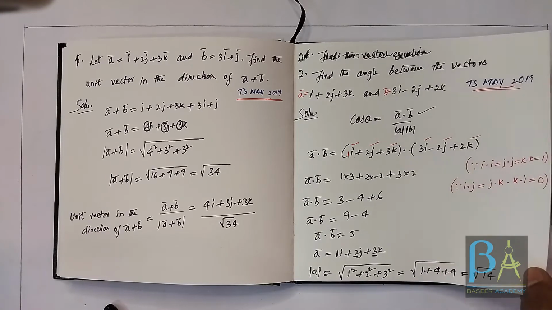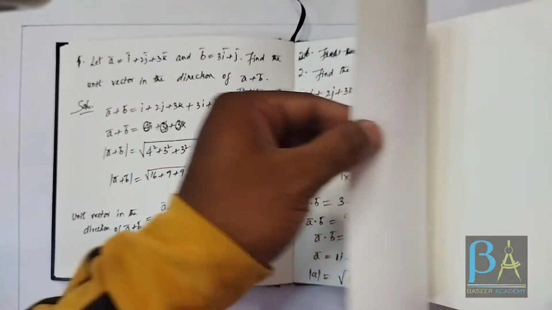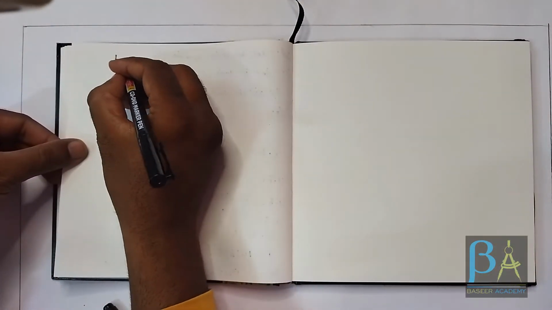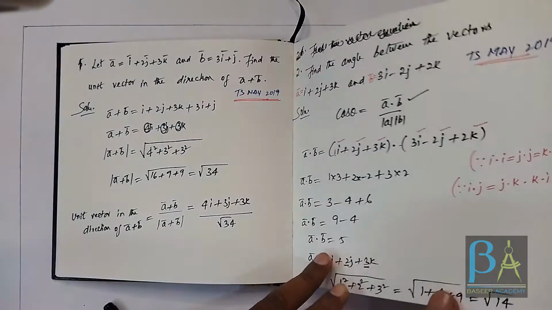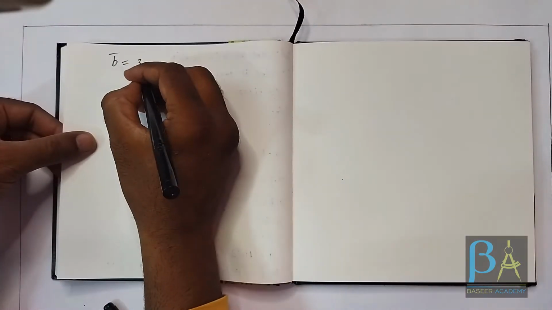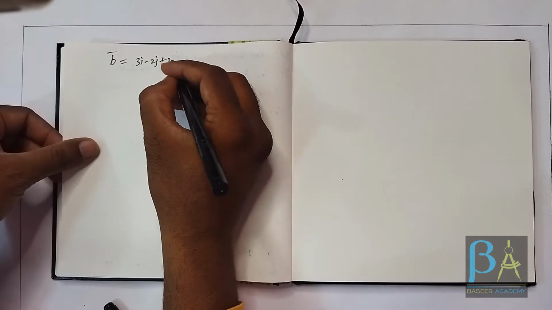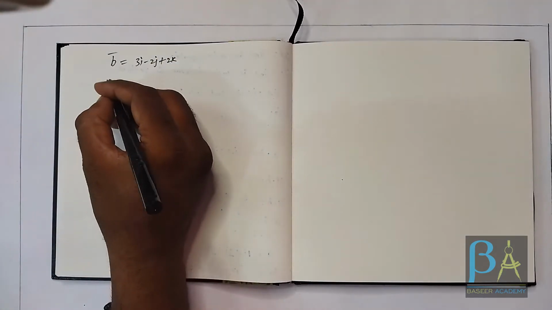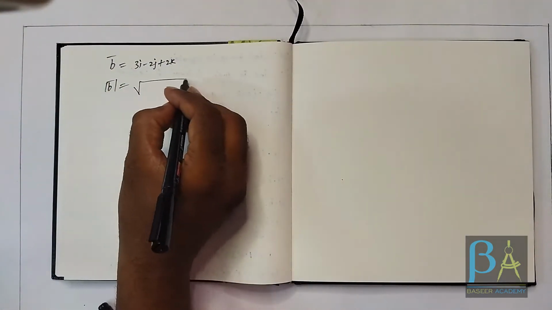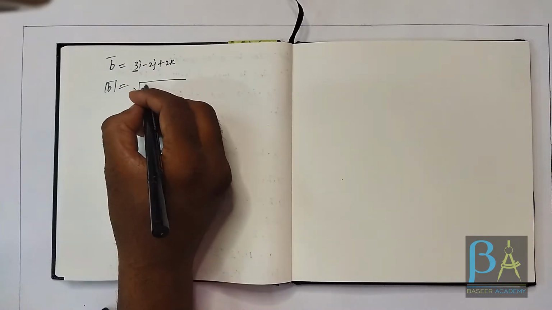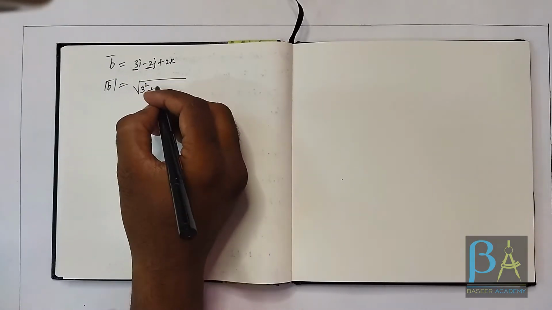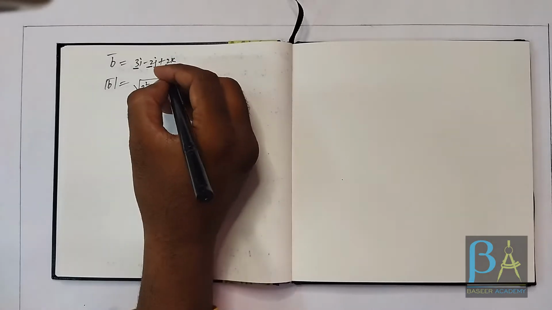Let us also find out mod b. But before that, let me write what vector b is given to us. Vector b here is 3i minus 2j plus 2k. Now what would be mod b? Mod b is going to be square root of square of this plus square of this plus square of this.